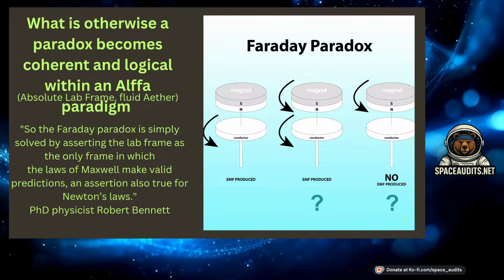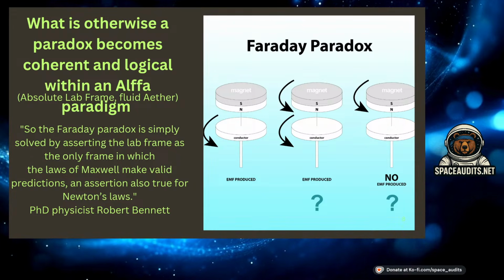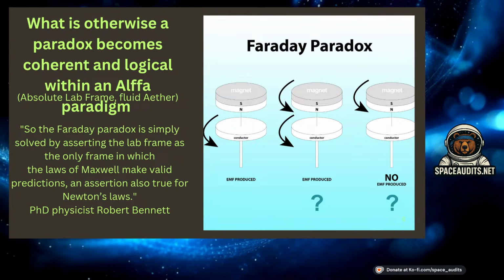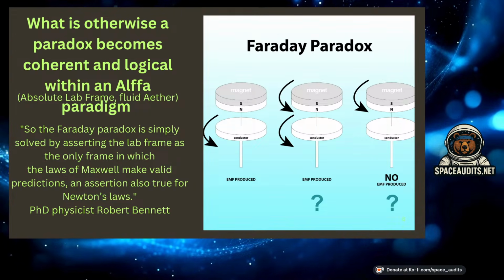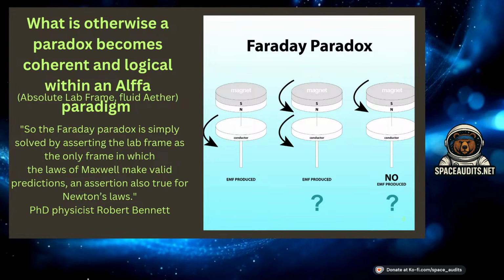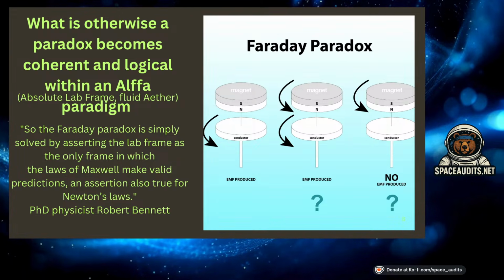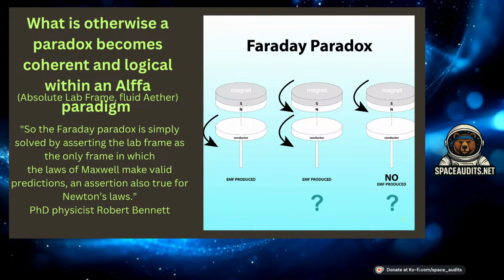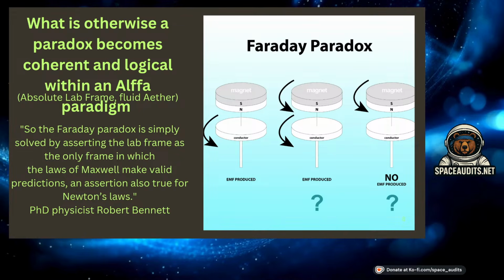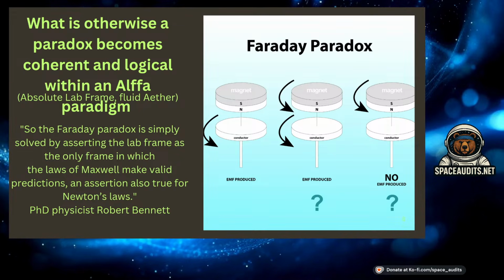I hope you guys are following me here, that if we were flipping that coin, the conductor would indeed, whether it's moving or not, produce an EMF down the axis. Am I making sense? Or have I just blown everybody out of the water here?